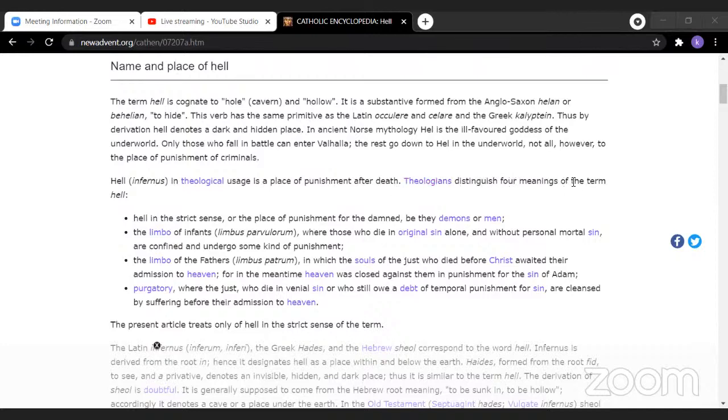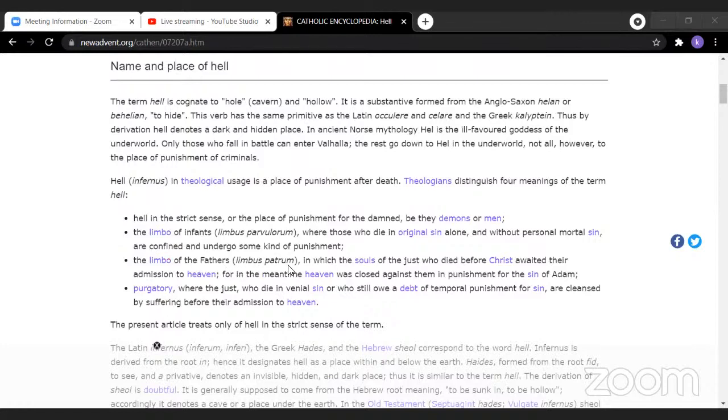Theologians distinguish four meanings of the term hell. Hell in the strict sense, or the place of punishment for the damned, be they demons or men. The limbo of infants, where those who die in original sin alone and without personal mortal sin are confined and undergo some kind of punishment.